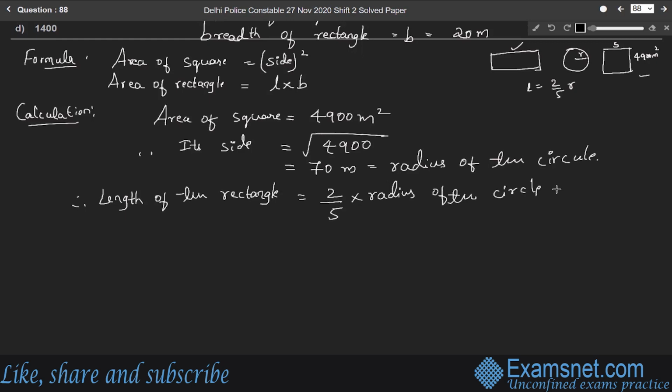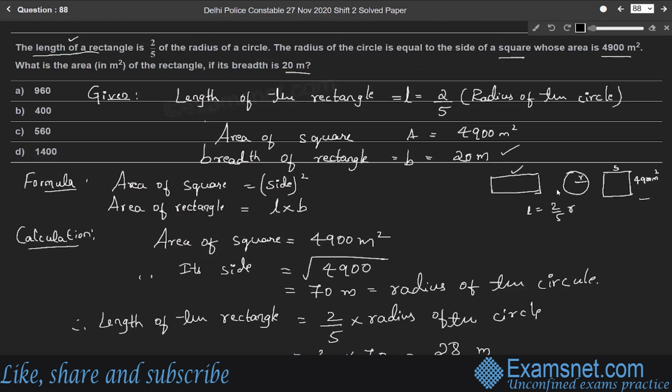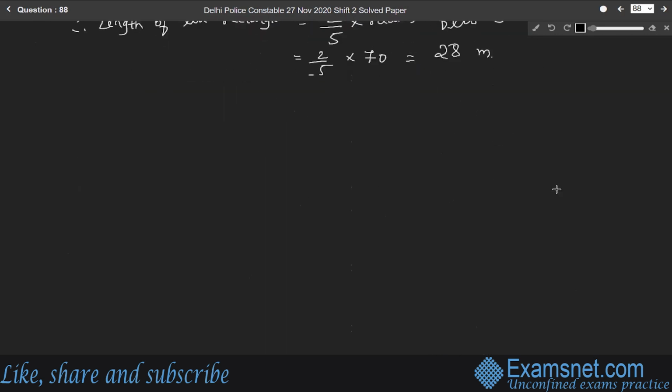By the question it is 2 by 5 times 70, which is equal to, so 5 14s are 70, 14 into 2 is 28 meters, the length of the rectangle, and its breadth is given as 20 meters. Therefore, the area of the rectangle is equal to length into breadth.